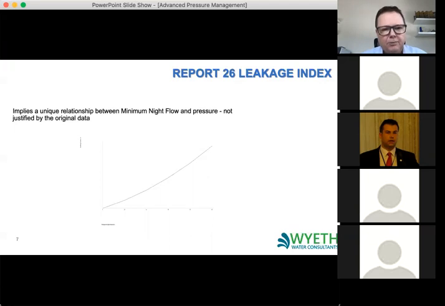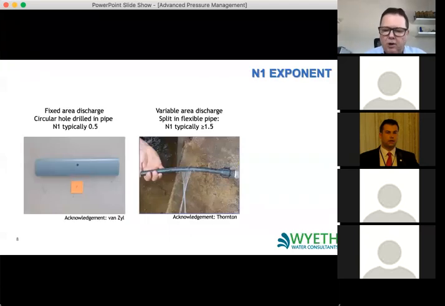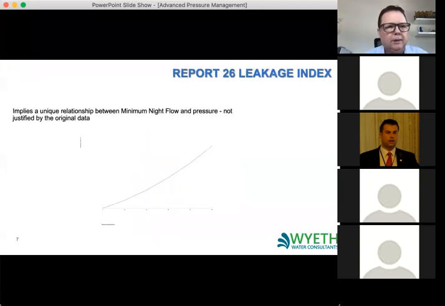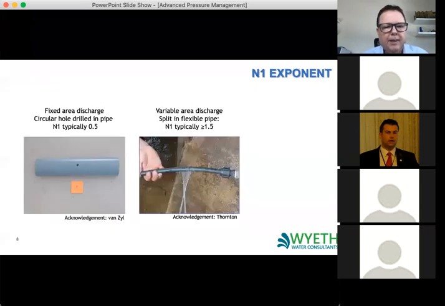And in fact, at the low pressure range, small adjustments in pressure can have huge effects on your leakage levels. But it's not quite as simple as the one-to-one graph that I'm showing there, the square root relationship. And that's because we have different types of leaks.